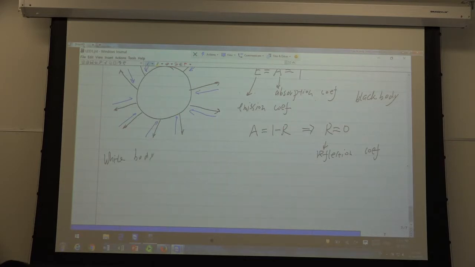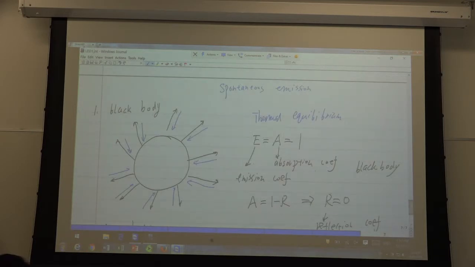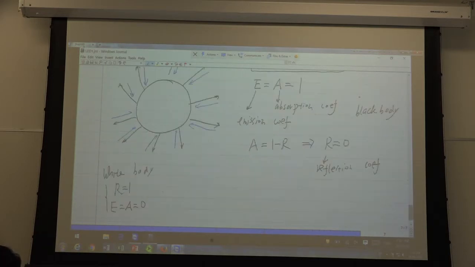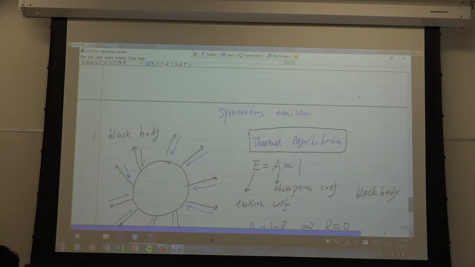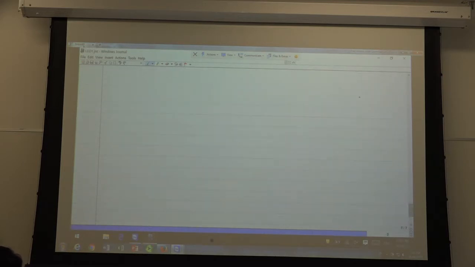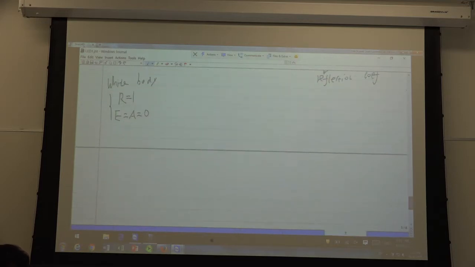For a white body, R equals 1, which means it totally reflects electromagnetic wave, so no absorption and no emission. Absorption and emission equal 0. This is a basic concept. The important keyword is thermal equilibrium: the emission process and absorption process are balanced with each other. This is the first important concept for the black body.